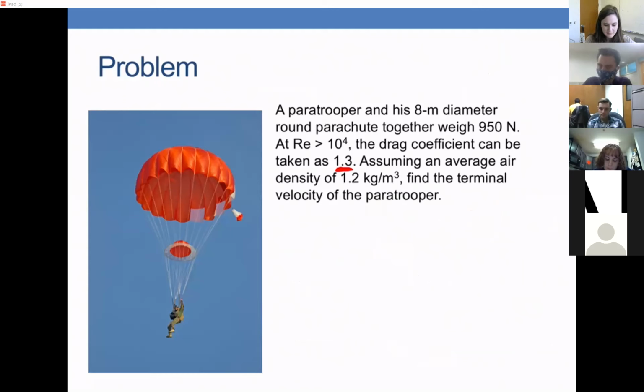I'm also just assuming an average air density. I want to find the terminal velocity of the paratrooper. So I know that at terminal velocity, the weight of the paratrooper should equal his buoyant force plus his drag force.